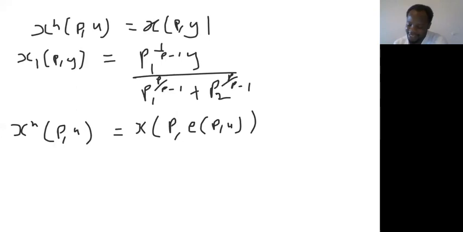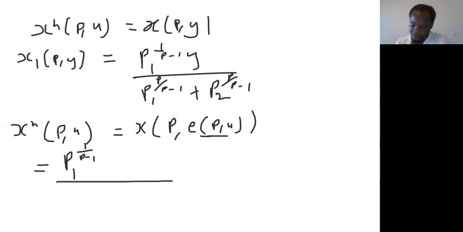Wherever I see y in the Marshallian demand function, I'm going to replace it with E(p, u). So I will have the function as p1^(1/(φ-1)) all over the denominator, with y replaced.